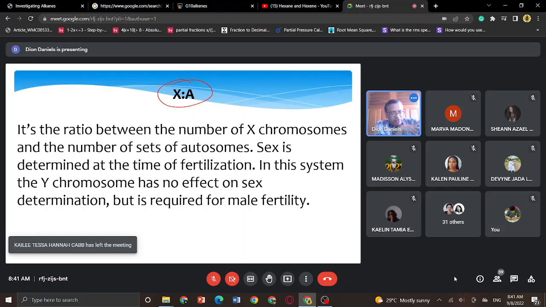I'll explain further and I'll cite some examples whereby we'll get different ratios, and based on the ratio, we can determine what sex each fly is.